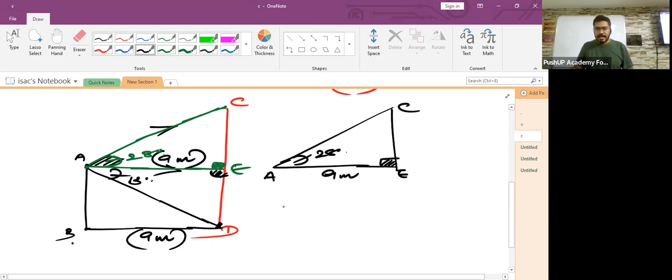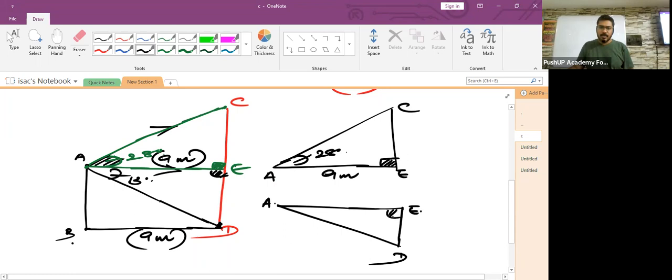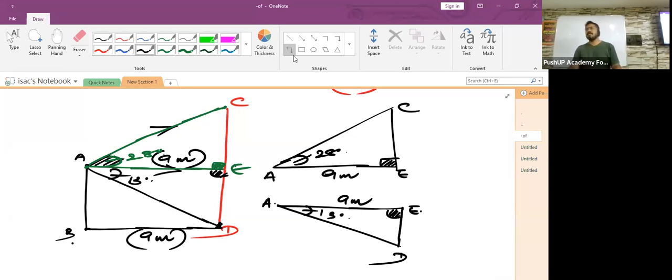Which is the next right angle triangle? Triangle AED, where this angle is equal to 90, AE is equal to 9 meters, and how much is this angle? 13 degrees. I hope this part is clear.